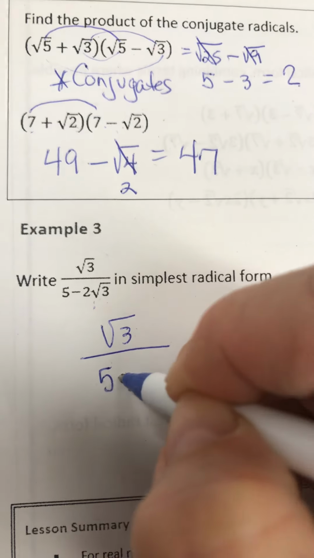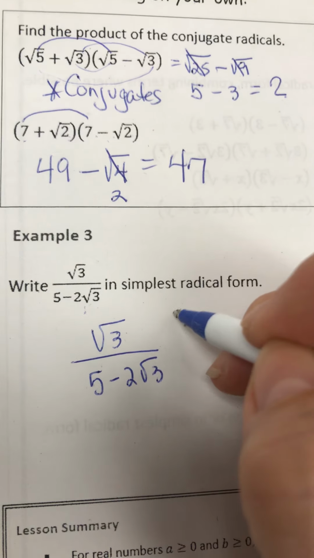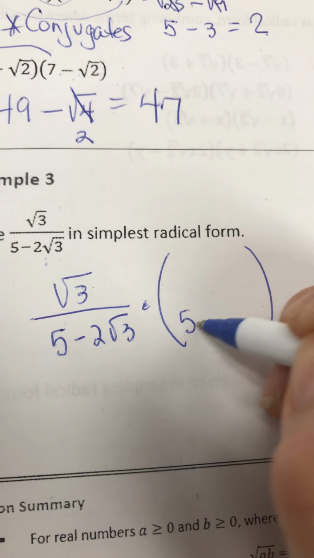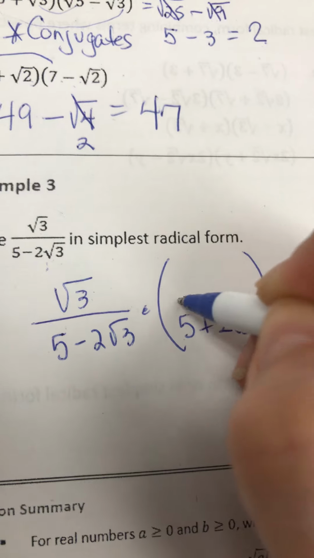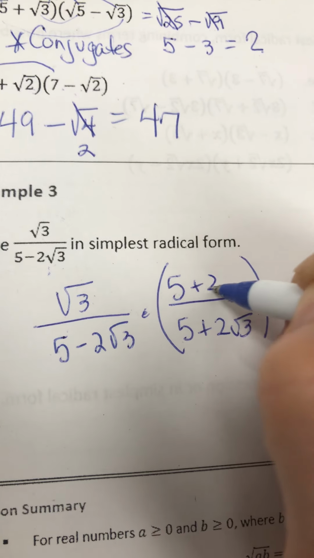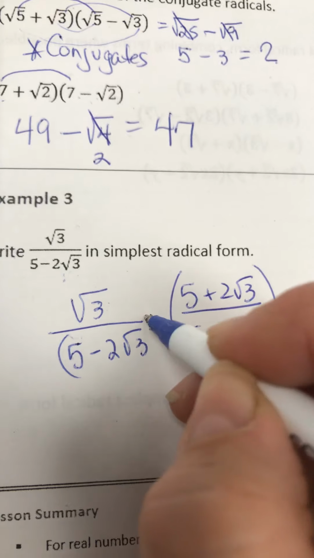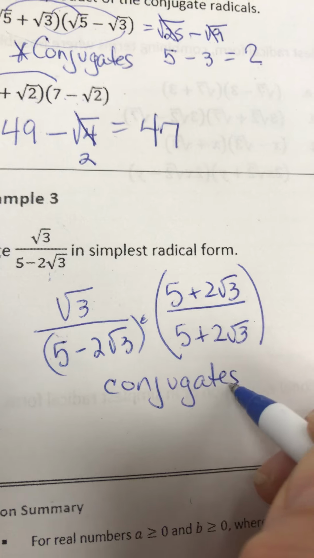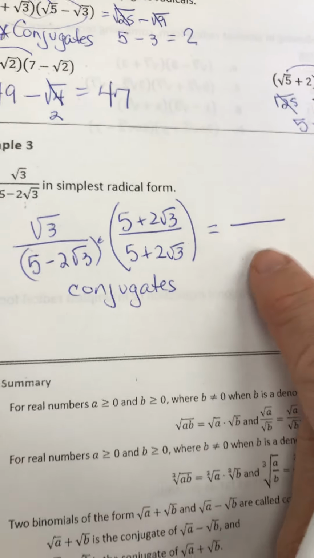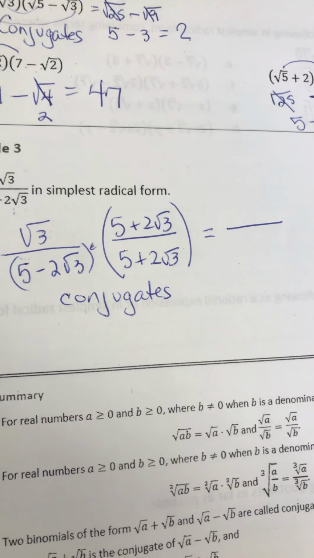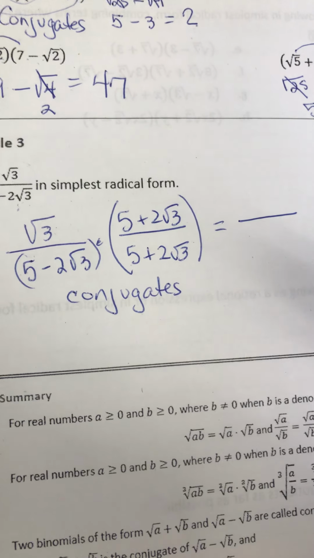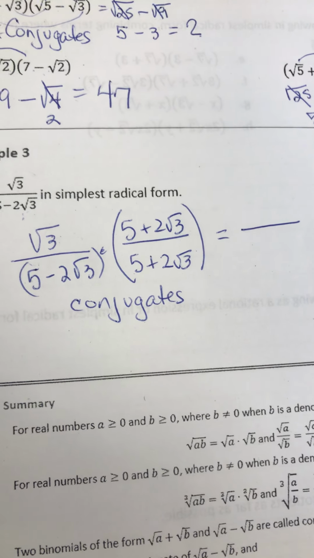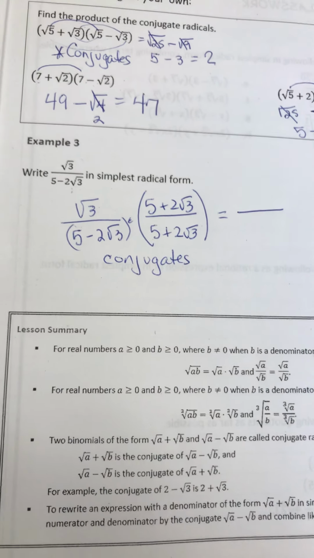So in class today, or tomorrow rather, you will see that we're going to have to multiply by its conjugate. 5 plus 2 rad 3 over 5 plus 2 rad 3. And the reason for that is these are conjugates, which will then reduce to a whole number in the denominator, and that's what we need. Okay? Any integer can be in a denominator. Integer meaning a positive or negative whole number. Okay? And then we'll finish this up tomorrow.